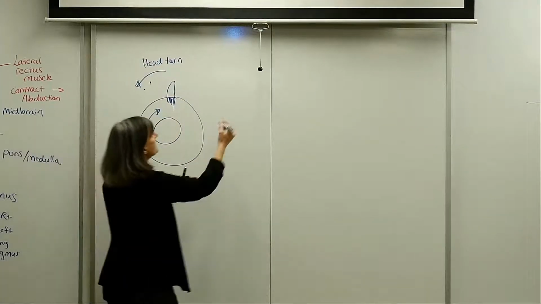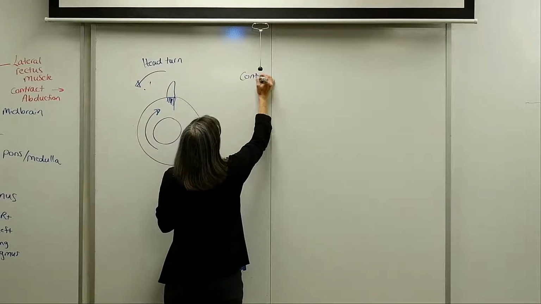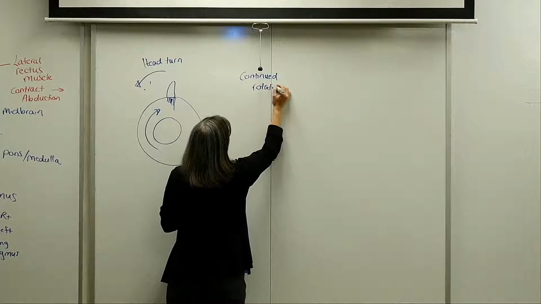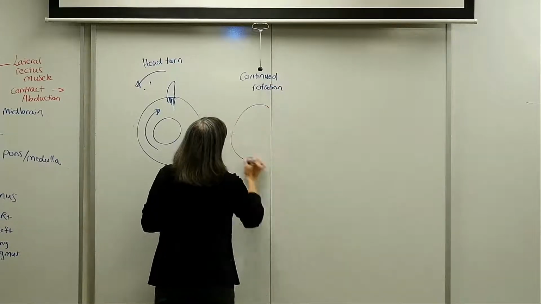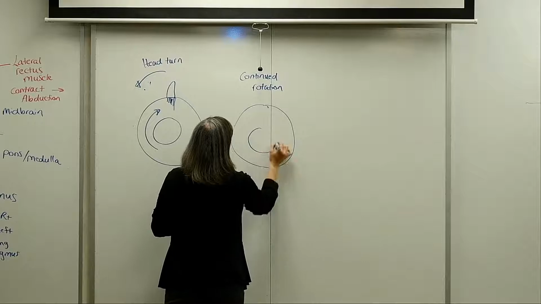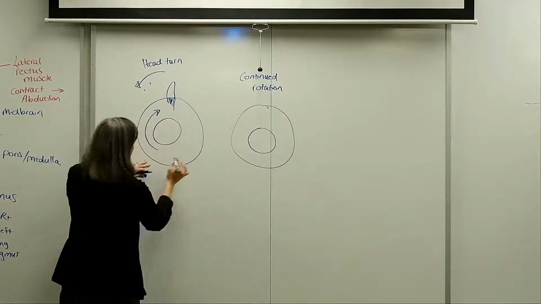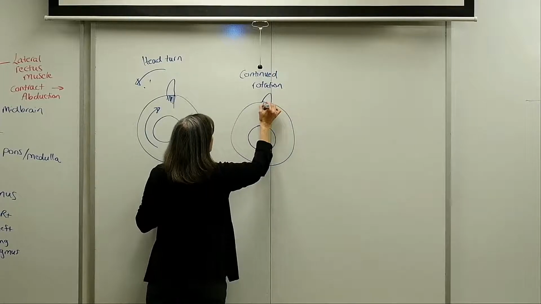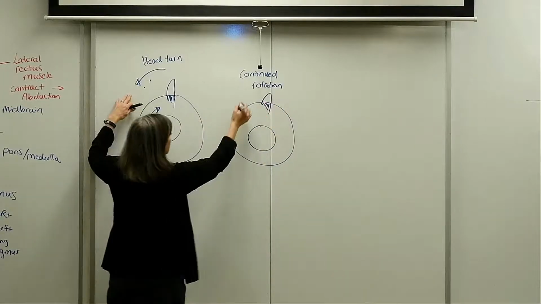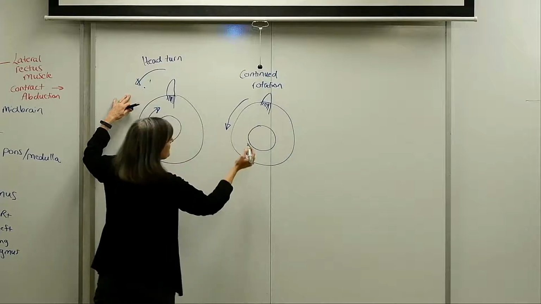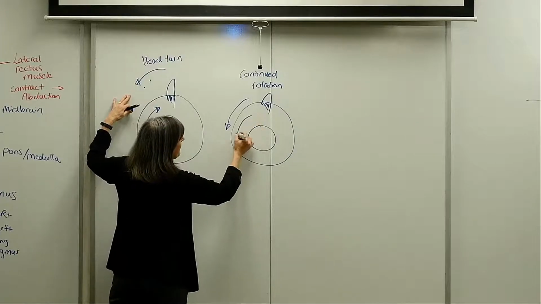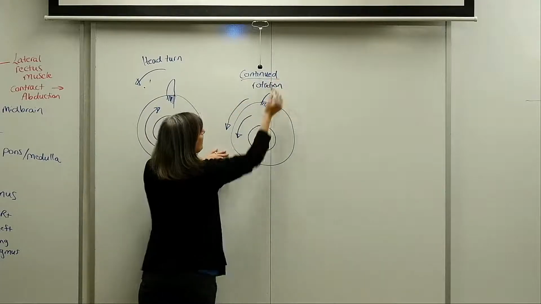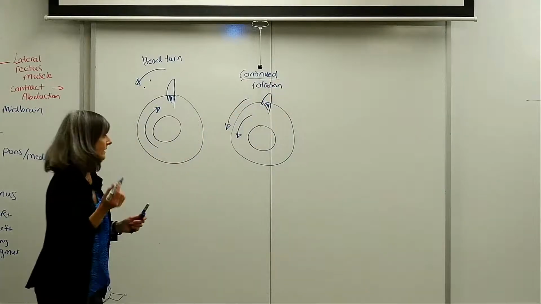But if we have continued rotation, then what happens is, in this semicircular canal, that endolymph is eventually going to stall, and then it's going to go in the same direction as the head. So this is with continued rotation: we're no longer accelerating, now we're just going around in circles.